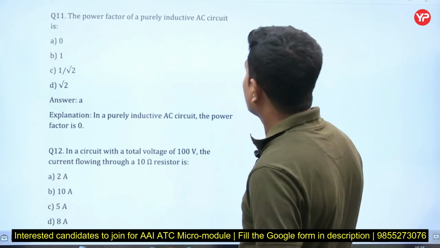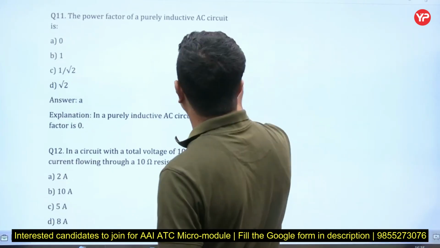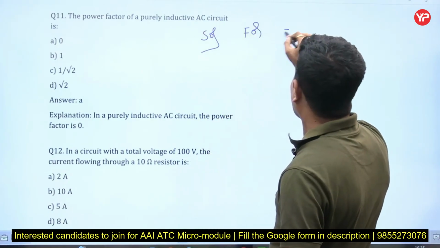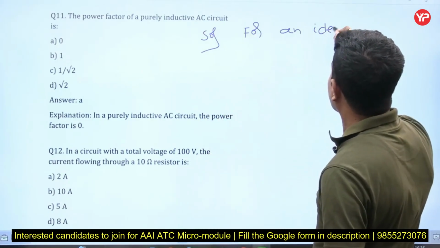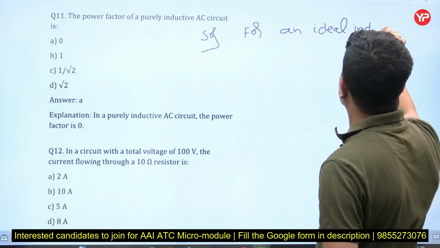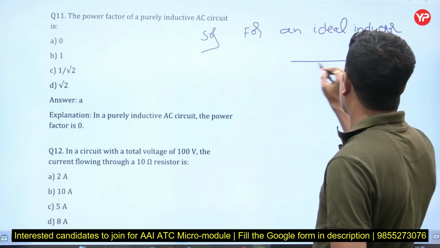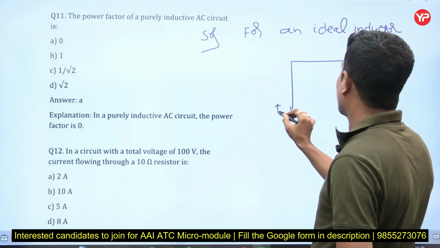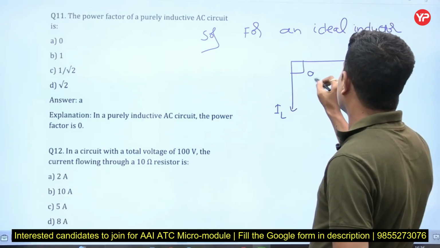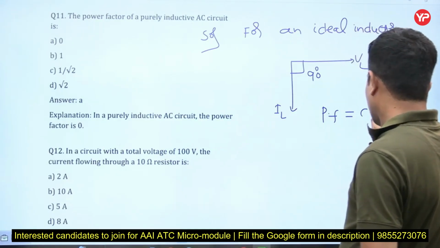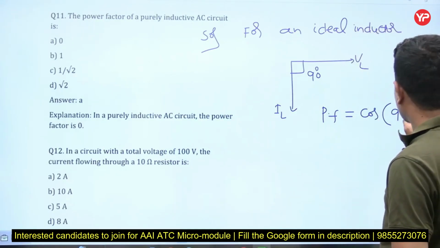The power factor of a purely inductive AC circuit, for an ideal inductor. This is the voltage VL, this is the current IL, and this angle is 90 degrees. Now what is the power factor? I told you previously, power factor is cos of the angle between voltage and current.